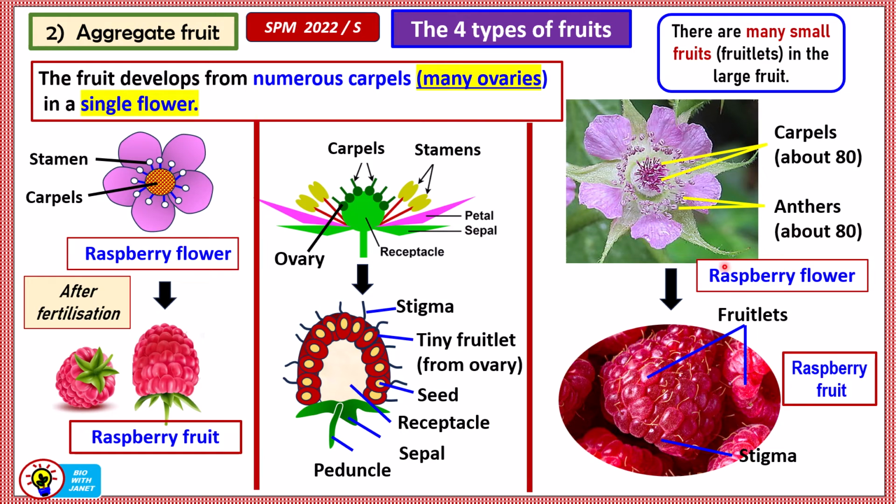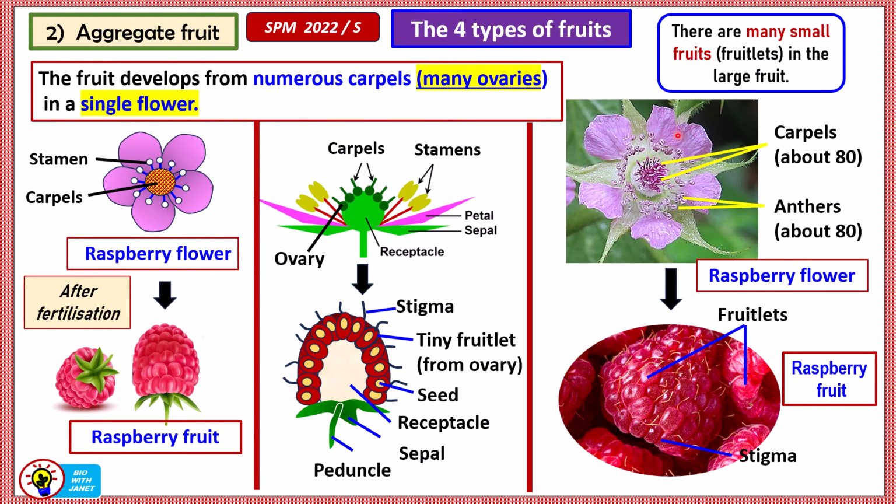Okay, now, for the raspberry fruit, there are many small fruits or fruitlets in the large fruit. See, this is a large fruit, but it's made up of many tiny fruits, which are called the fruitlets, tiny fruits. Okay, and if you look at the flower, now this is the real flower. I have to search for you this flower, right?